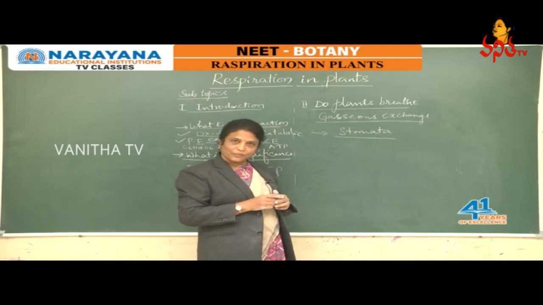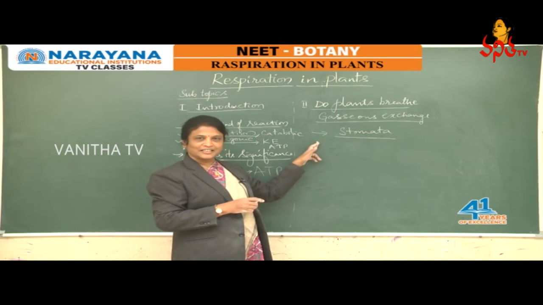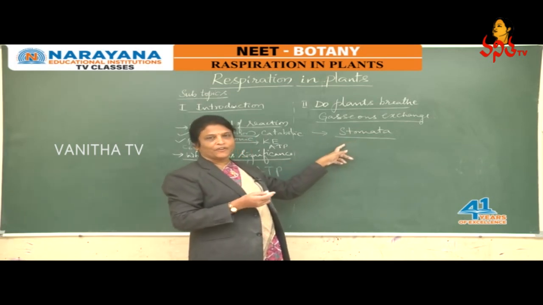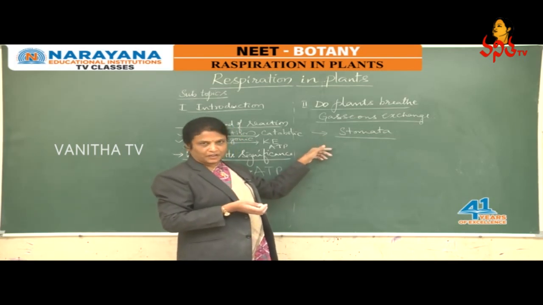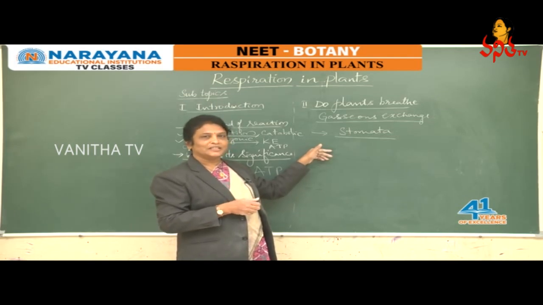So, plants also breathe and they perform external respiration, that is gaseous exchange, that is uptake of oxygen and liberation of carbon dioxide during respiration. Okay, and in addition, plants can perform photosynthesis. Previously we followed, they uptake carbon dioxide and evolve oxygen.